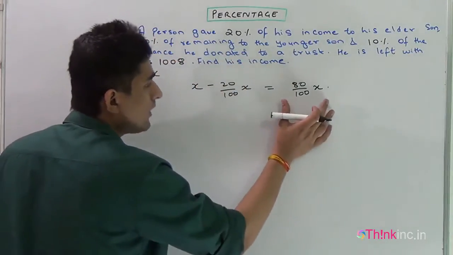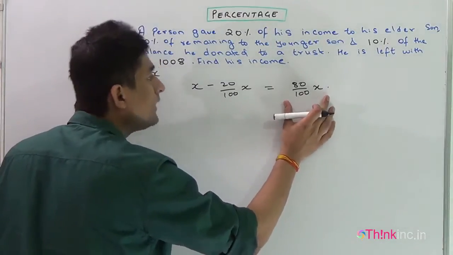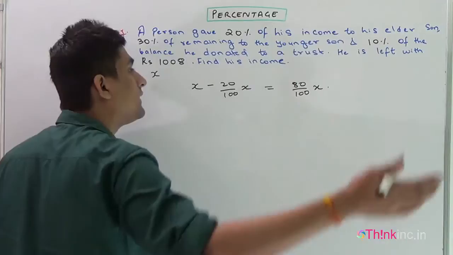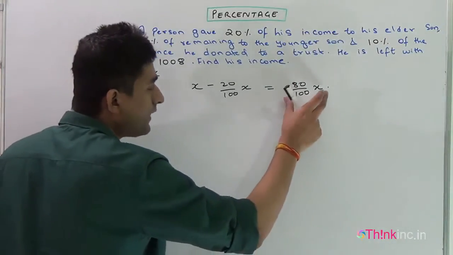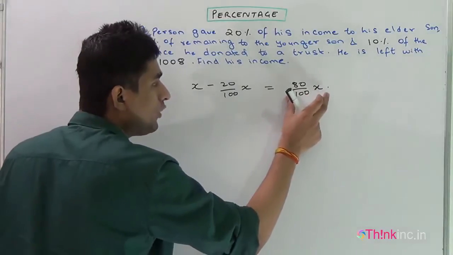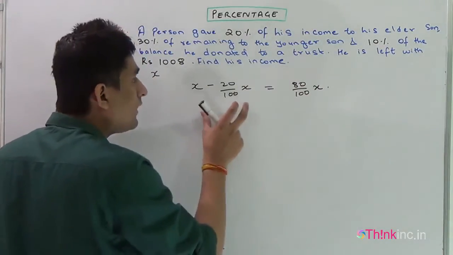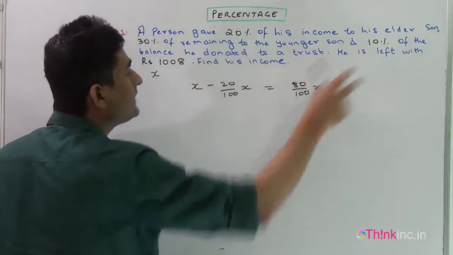That means he has given 30% of the remaining amount, that is of 80 by 100 of X, because it is the remaining amount after giving 20% of his income to his elder son.